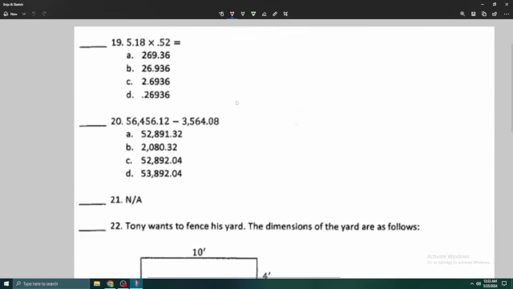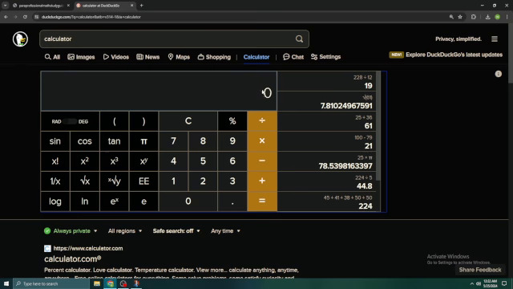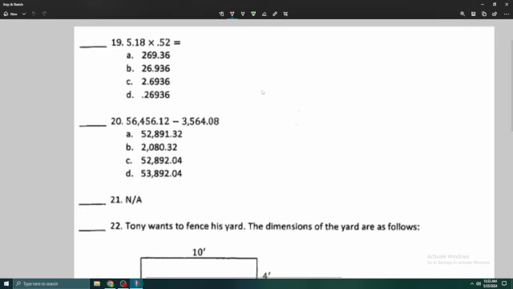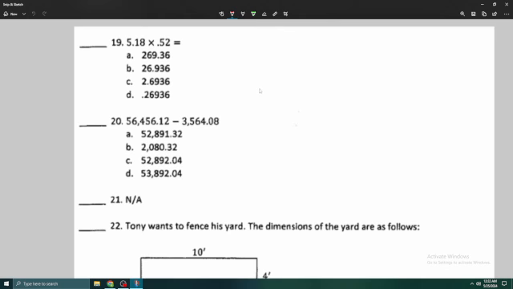Number 19's not too bad. You can just use a calculator for that. So what was it? 5.18 times 0.52. You get 2.6936. Honestly, you probably didn't even need a calculator for that. One way that you can think about that is 5.18 times 0.52, which is very close to 0.5, which is 1/2.